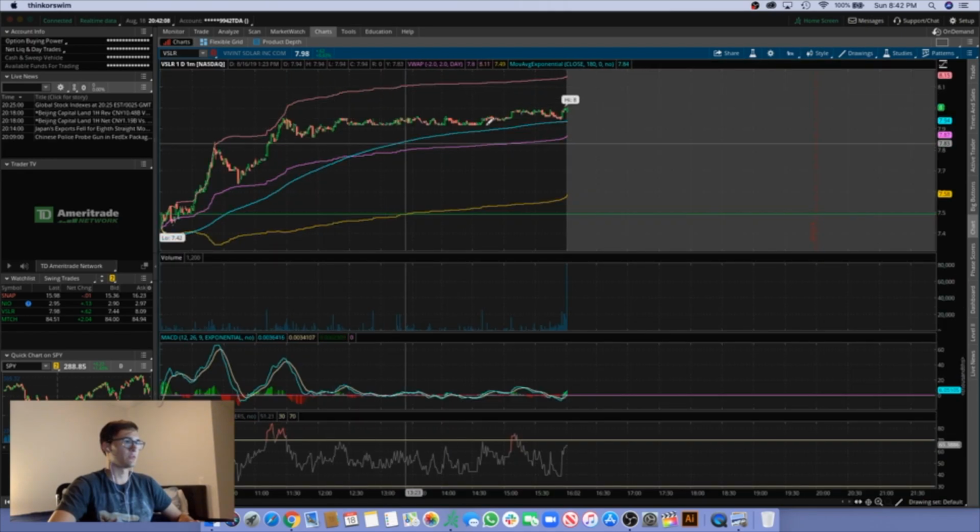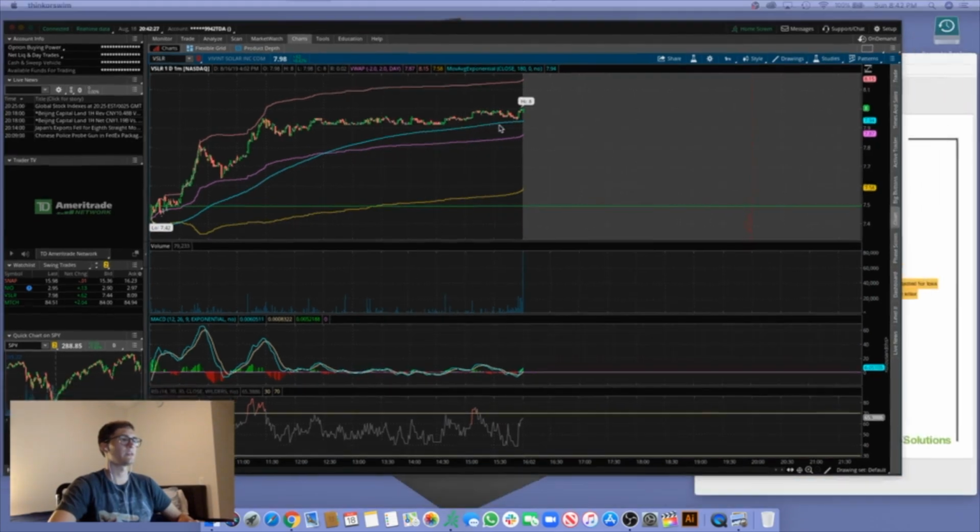The blue line here is the 180-day exponential moving average, and it is trading above it. We can also see some proof of support here. It hit near the 180-day exponential moving average and bounced off of it. So I guess it's a good indicator to go by.